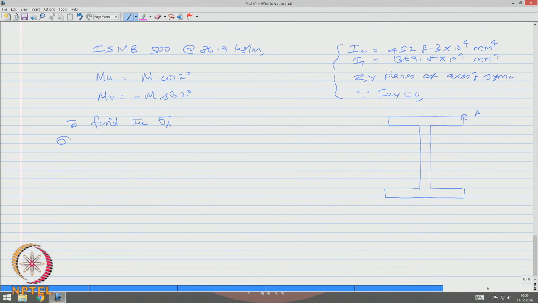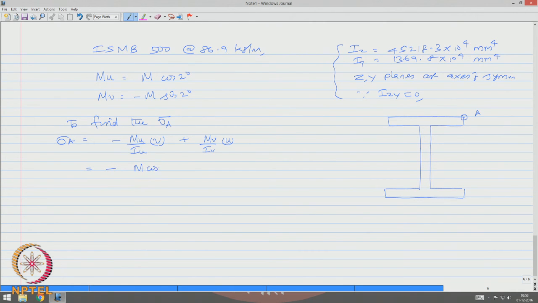So, sigma A is minus MU by IU into V plus MV by IV into U. I can now straight away say it is minus because of this value.